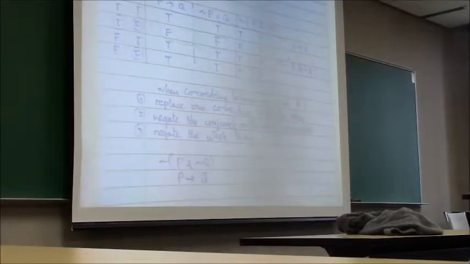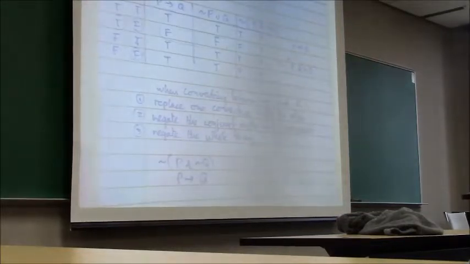So, again, if we start with if P then Q, first of all, we replace the conditional with the and. You negate the one on the right, and then you negate the whole thing. And it's not P and not Q, as we wanted.